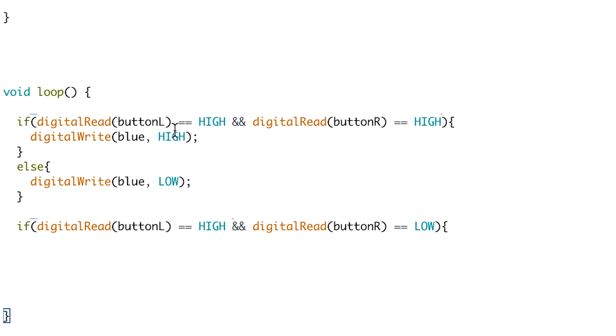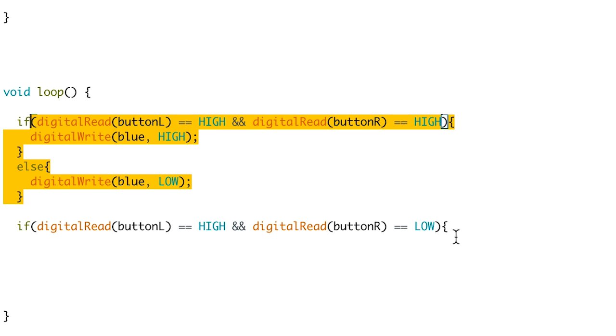Because remember up here we want the blue one and only the blue one to turn on if we press both buttons. If we didn't have this second part of this statement, then the blue one would turn on, we'd exit that code, and then this statement would also be true and we'd turn on the left LED. So by adding this statement here, we make sure that this statement is false when this one is true.